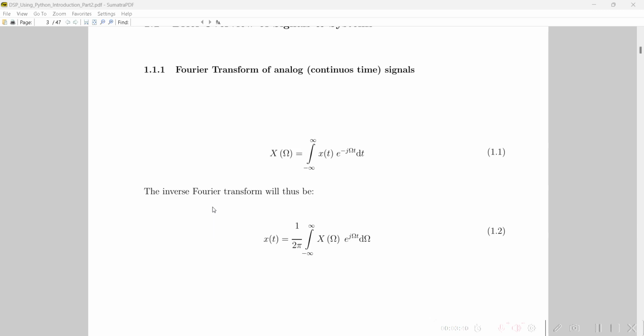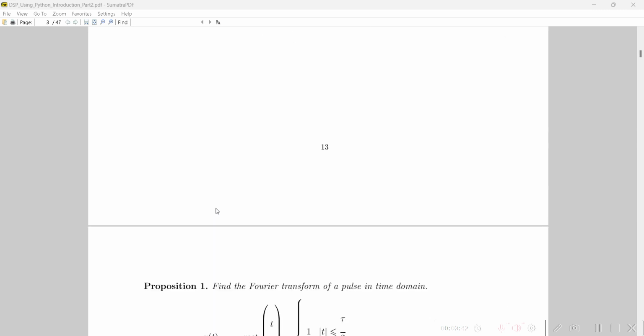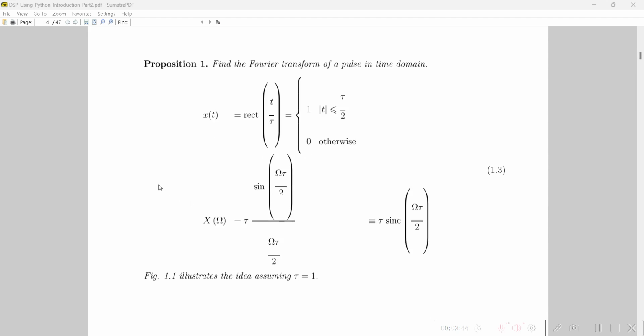Now we'll continue the lecture note. The first important signal. Find the Fourier transform of a pulse in time domain. You know, a pulse in time domain as well as a pulse in frequency domain are very important signals in digital signal processing. Later, we'll be familiar with their application.